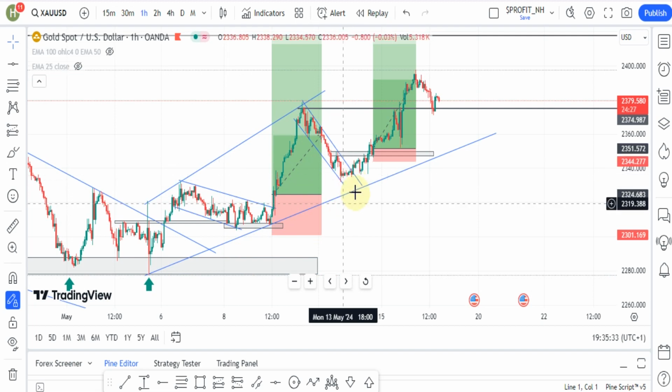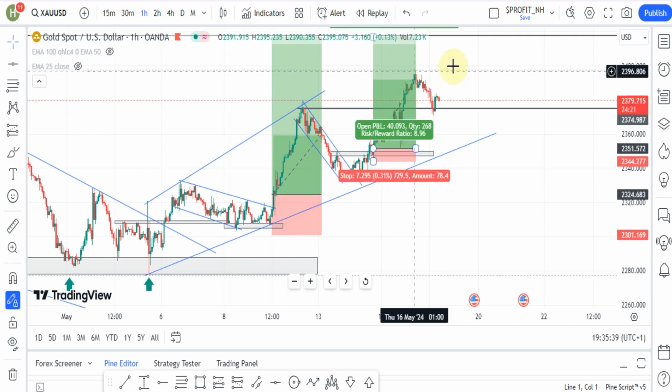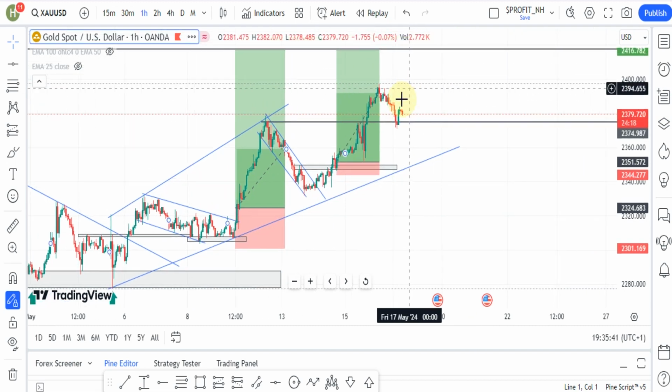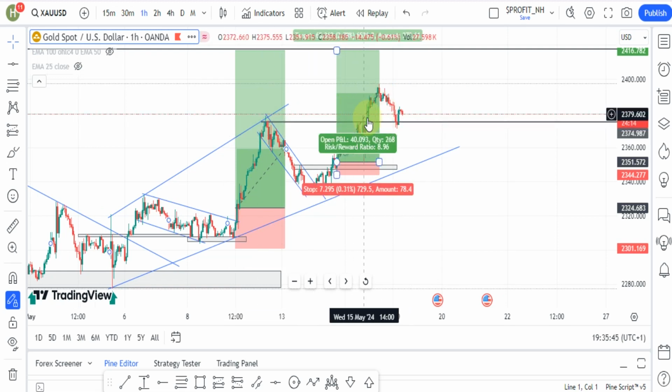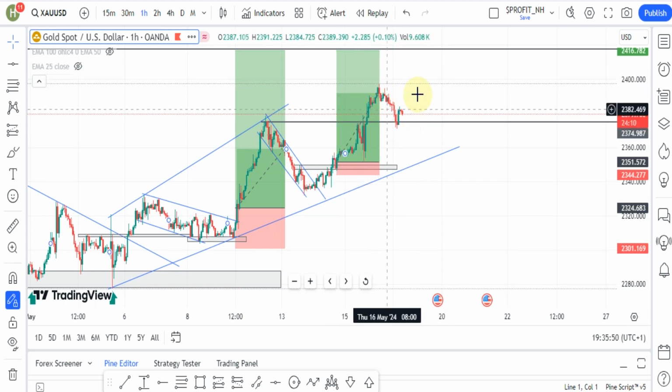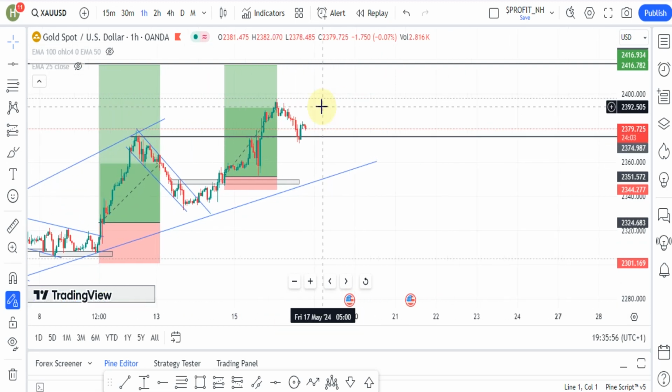Right now we're having this impulse. The market yesterday gave us this impulse, then we're having a correction right now. After the market broke above this area, I was expecting the market to continue all the way to this area. Right now it's giving us this correction, and what do I expect in this area? I'm expecting this market to do something like this in this correction area.